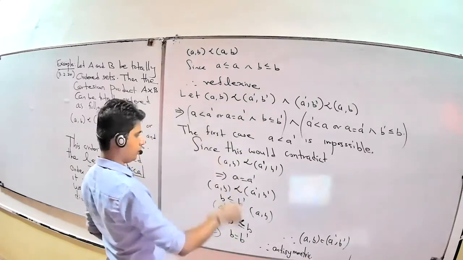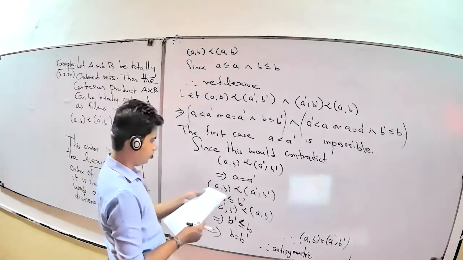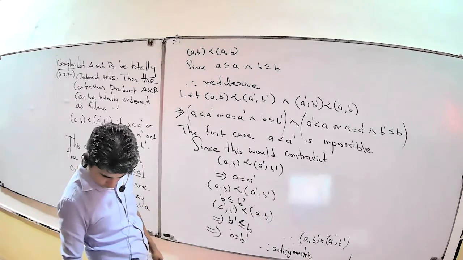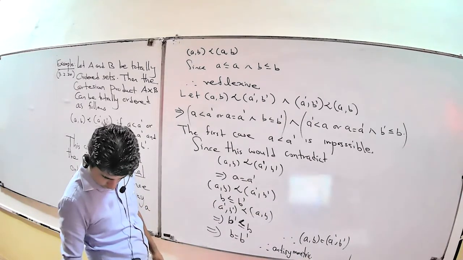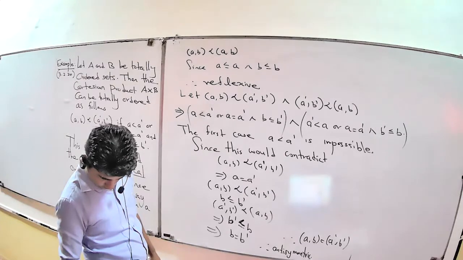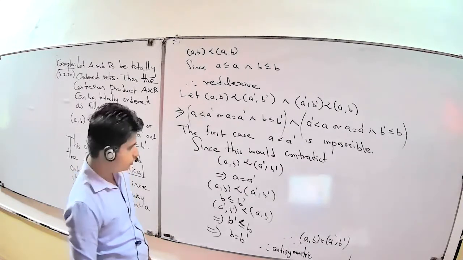Reflexive okay, antisymmetric okay. Now check the transitive.